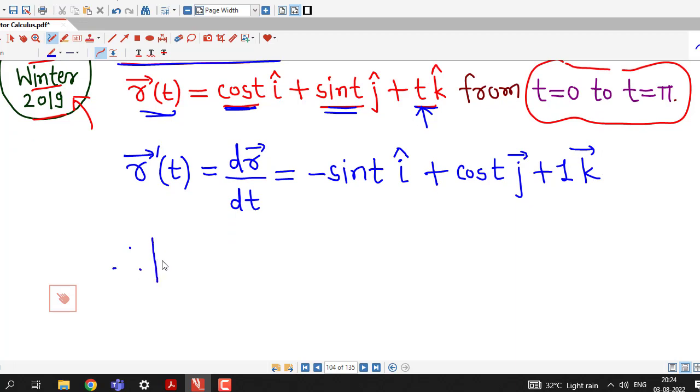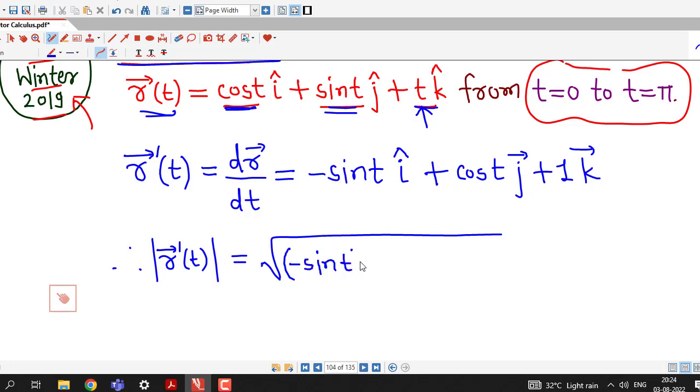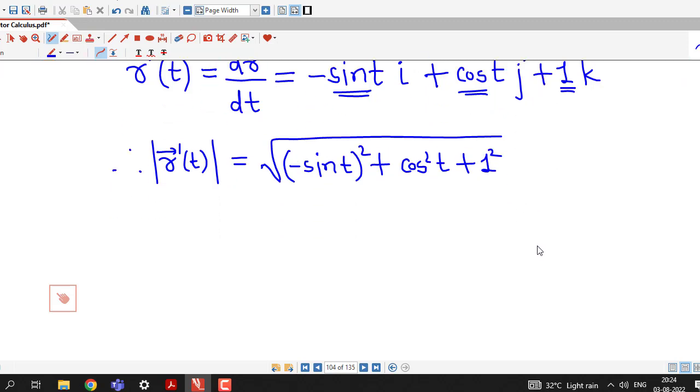Now we find the magnitude of r bar dash t, or length of r bar dash t. This is equal to the square root of the square of each component: the square of minus sin t, which is the coefficient of i, plus the square of cos t, which is the coefficient of j, plus the square of 1, which is the coefficient of k.